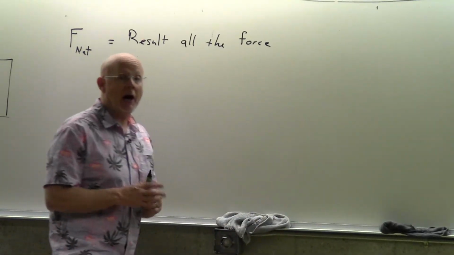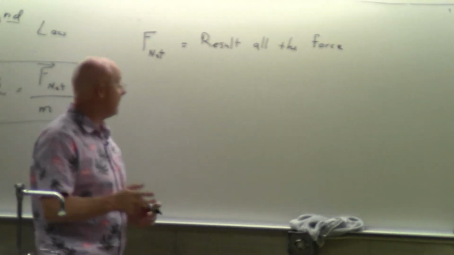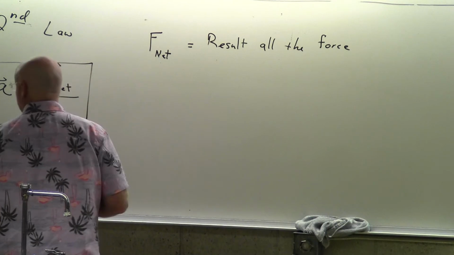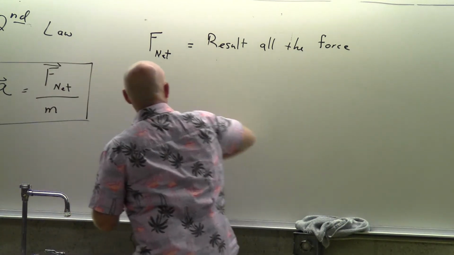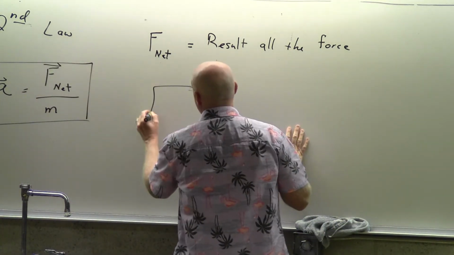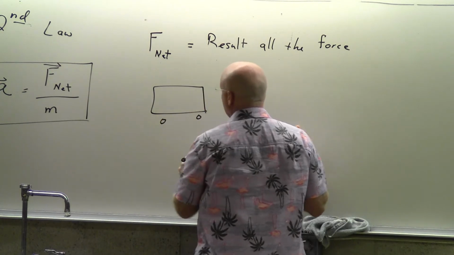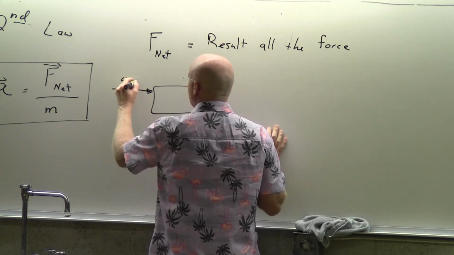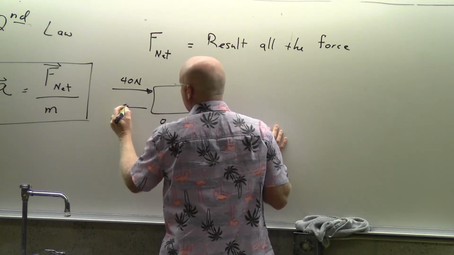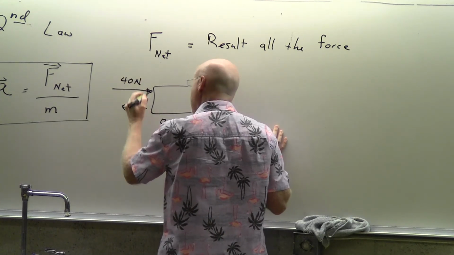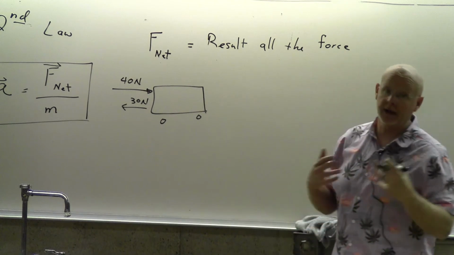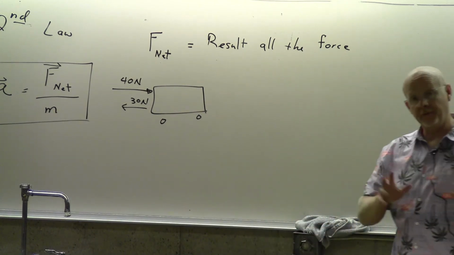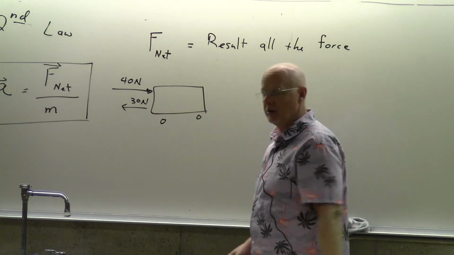And I keep saying combination, not necessarily add them, because watch this problem. What if I had a slightly different scenario? What if I had me, again pushing to the right with 40, and my friend pulling, and so the force is in the negative direction with the 30.